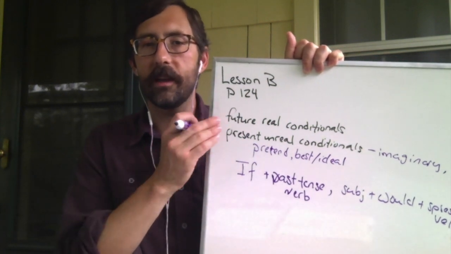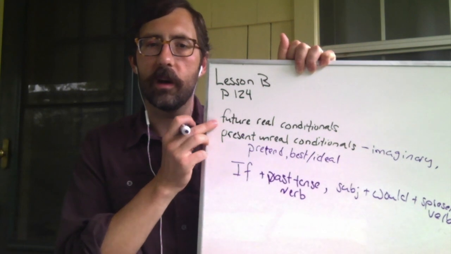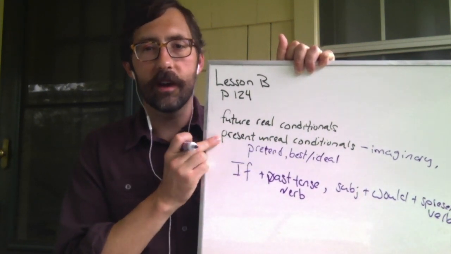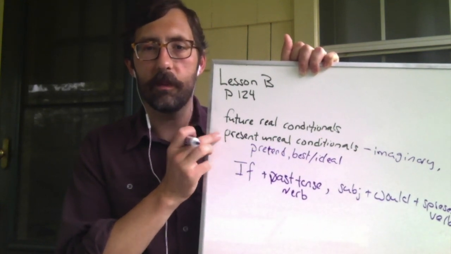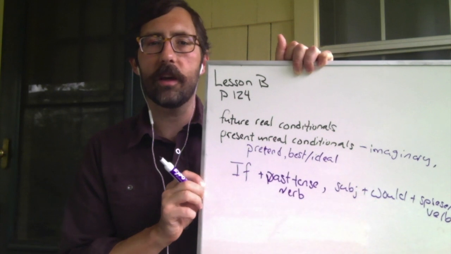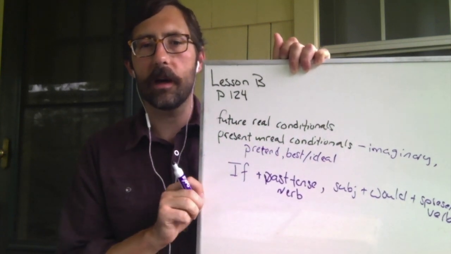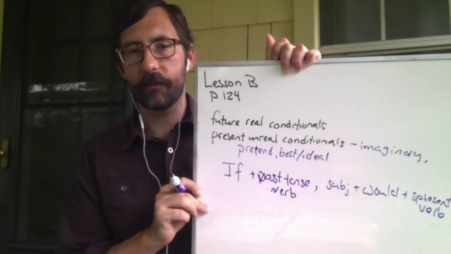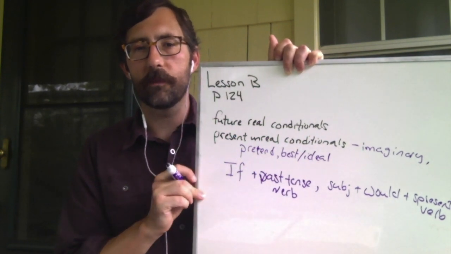Today we're going to add into that, not just talk about the present unreal, but talk about the future real conditionals. And this is where, if we did not understand this, this is going to make even less sense. This is going to be more confusing. But I think I have a way to maybe help us get a better idea of the present unreal for today, in comparison to the present real, or the future real.